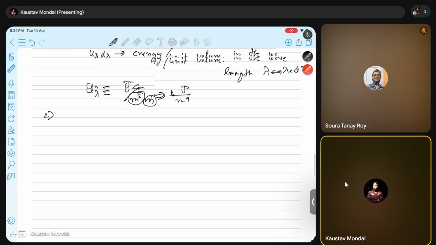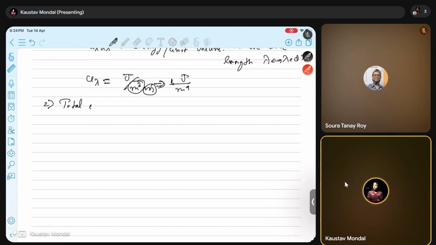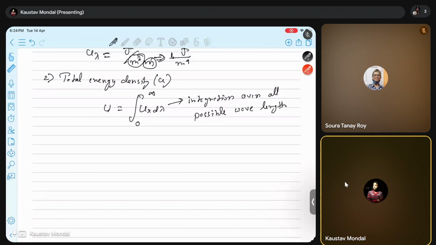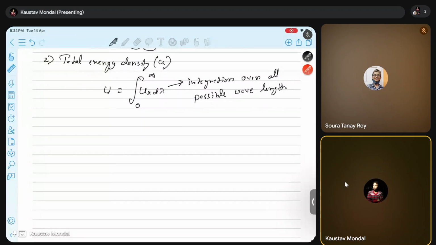Second is the total energy density, denoted by U. U is the integral of U lambda d lambda over all possible values of lambda present in the radiation, from 0 to infinity.